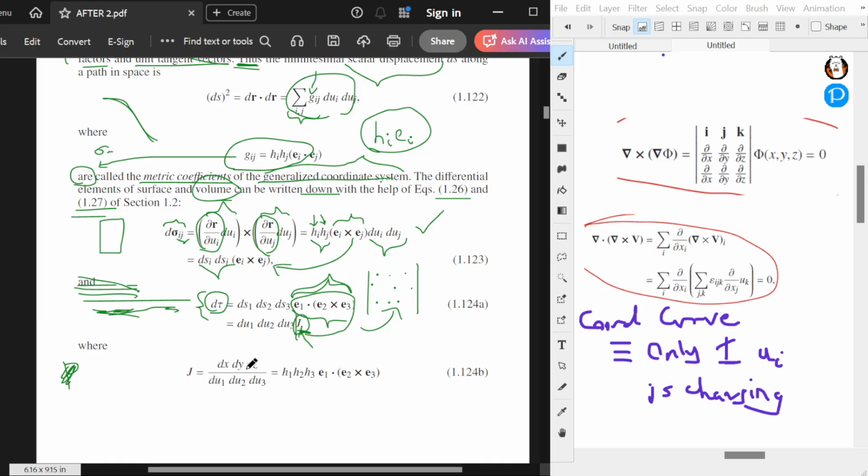J equal dx dy dz, dy du2 du3. Hmm. Never mind, never mind. It also includes this. Wait, what? The units make sense, right? Because you want to return back to dx dy dz. H1, H2, H3.